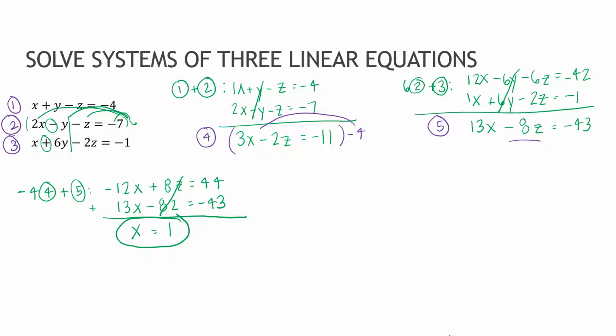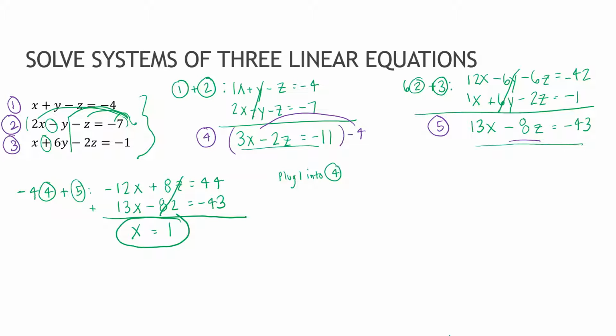So now what am I going to do? I have one answer. In order to solve for another variable, I have to just plug 1 back into an equation. But don't try to plug it in back here, because that's not going to help, because I have 3 variables and I just need an equation with 2 variables. So choose this guy or this guy, either one. So I'm going to plug 1 into equation 4.